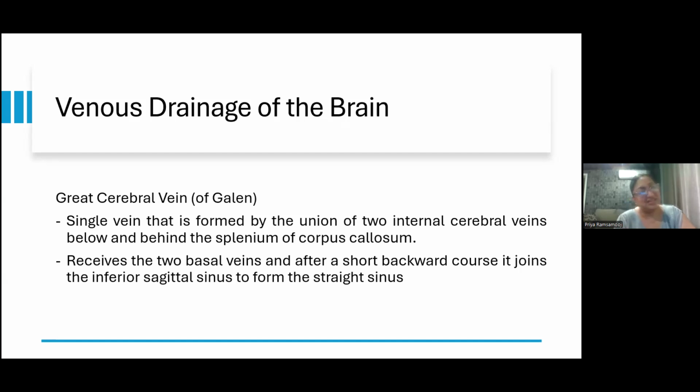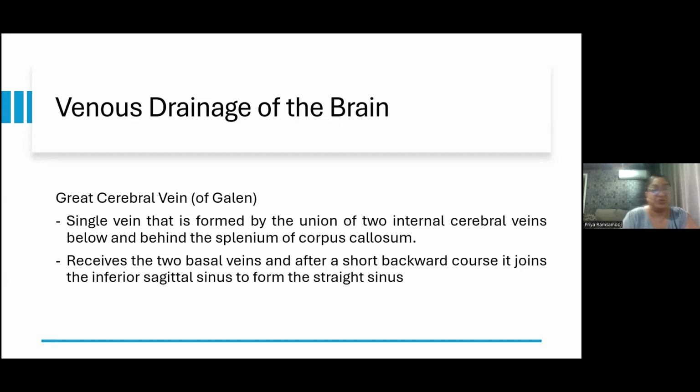So it's like building. You just build in with each piece of information I give you, right? So now we're at the great cerebral vein. What is it? Ding ding. It comes from the union of the two things we just talked about, the two internal cerebral veins and the basal veins. So it's a single vein. It's usually about 2 centimeters in length, formed again by the union of two internal cerebral veins, and it also receives the two basal veins.